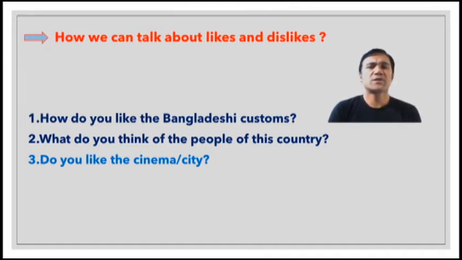Here also you can change the subjects and you can make a lot of sentences, like, how does he like? How does she like? How do we like? How do they like? How does Kurim like?